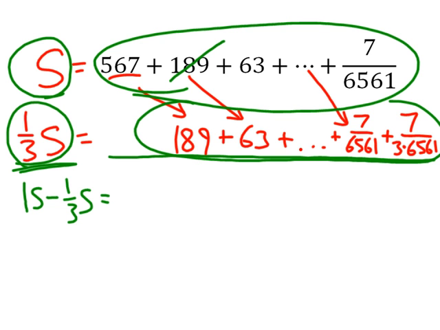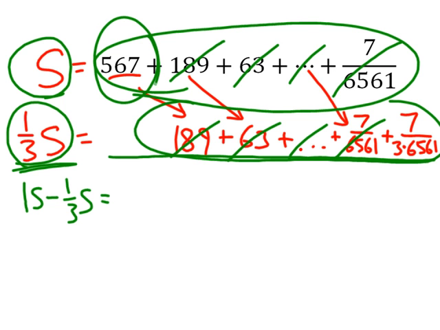The 189 in the top minus the 189 in the bottom will cancel out. So will the 63s and all the numbers in the dot, dot, dot, all the way up to 7 over 65,61. And really, there's only 2 terms that did not cancel out. The original 567 did not cancel out.